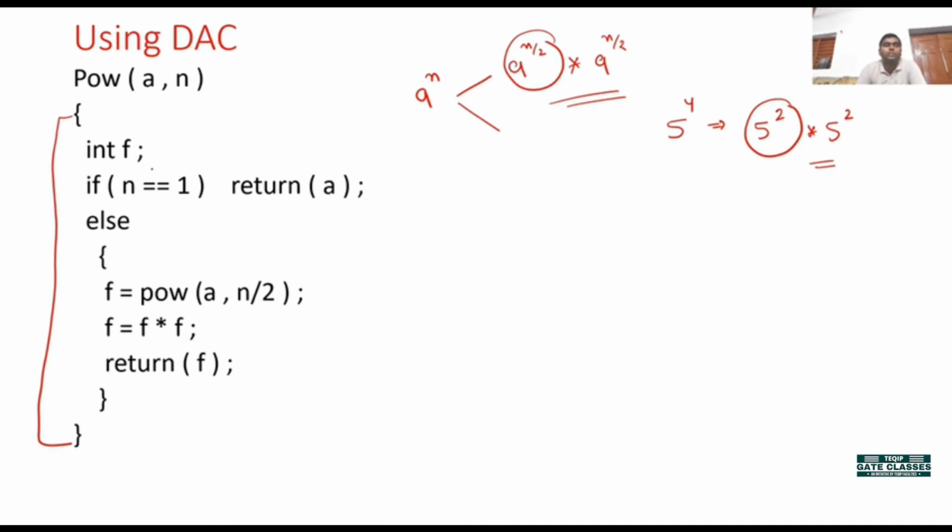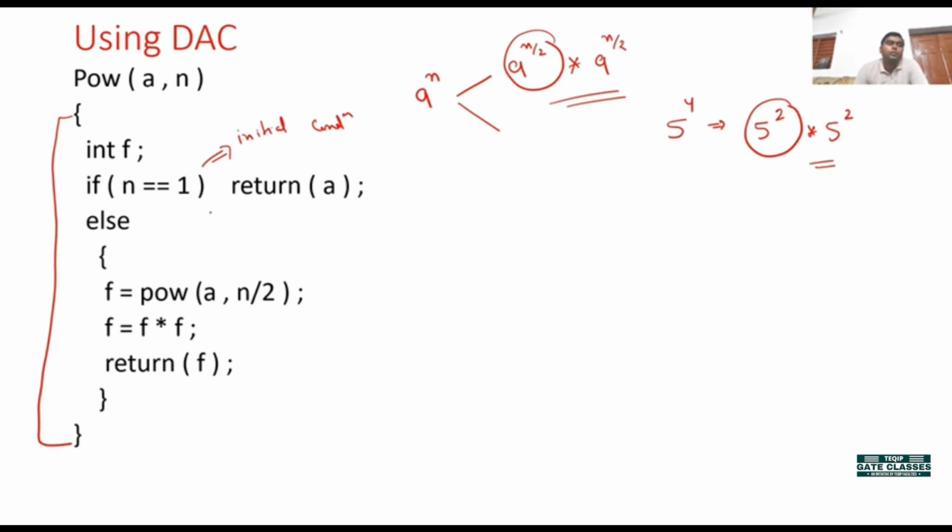So how to solve this? We are taking an integer f for storing some value, and this is the initial condition over here. Every divide and conquer algorithm or program is always recursive in nature. There is always a recursion. So whenever recursion is there, there is always a need of an initial or termination condition at the very beginning.